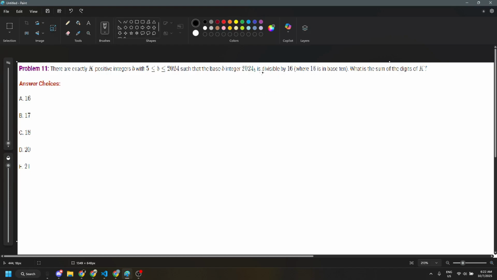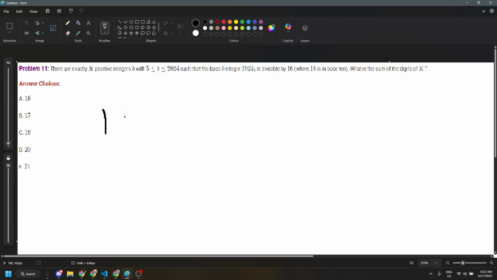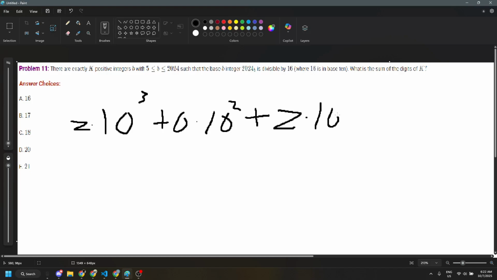Let's write a general formula for 2024 base b. Let's do base 10 first. In base 10, it's 2 times 10 to the 3 plus 0 times 10 to the 2 plus 2 times 10 to the 1 plus 4 times 10 to the 0.